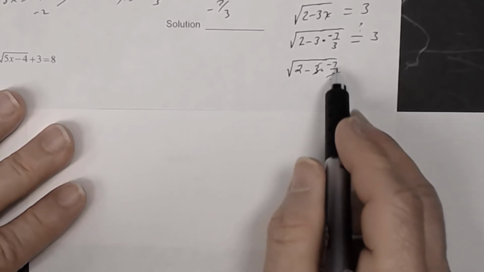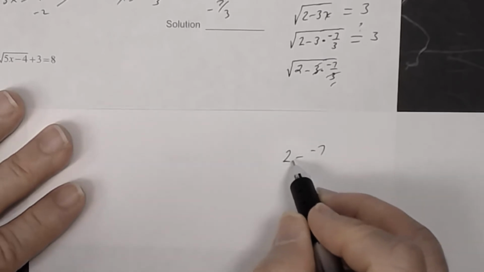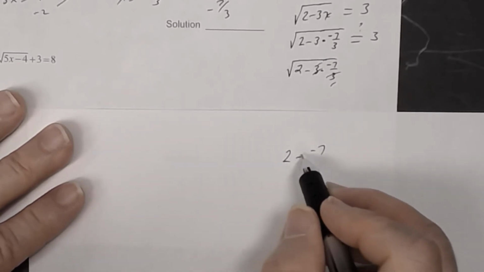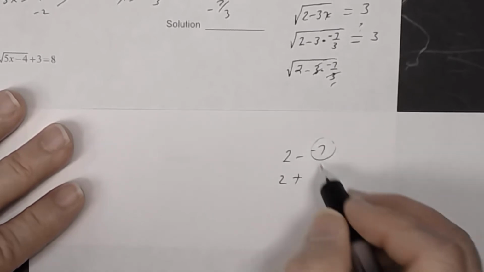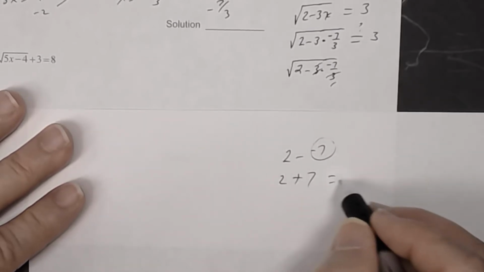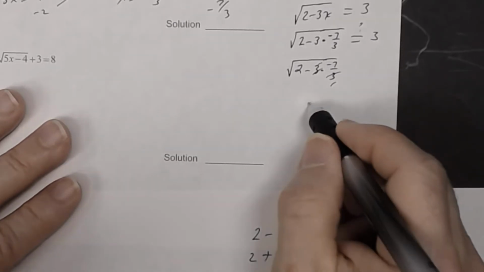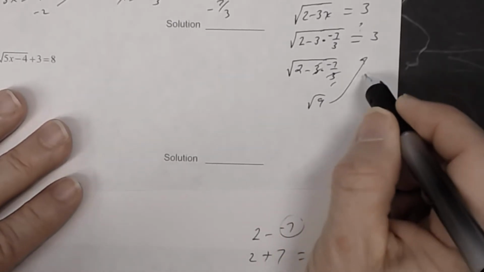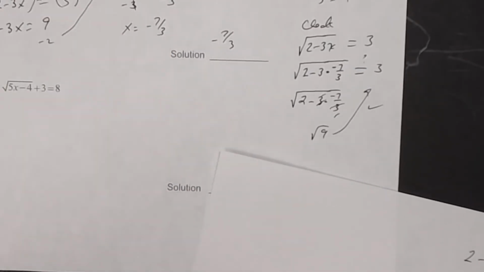So that becomes 2 minus a negative 7. But remember, when you have subtraction, you can change that to addition. So this becomes 2 plus the opposite of negative 7, which is 7. So that becomes 9. So I get the square root of 9, and the question is, is that equal to 3? Yes, the square root of 9 is equal to 3. So negative 7 thirds is a solution.